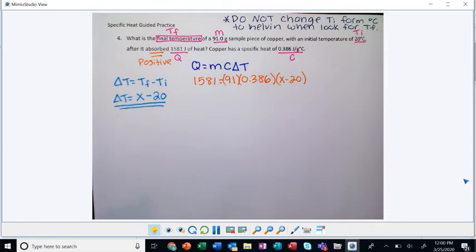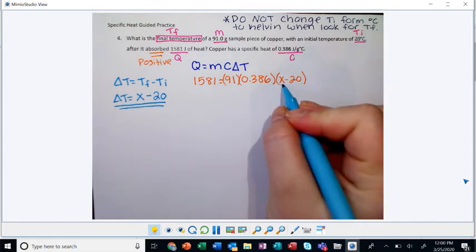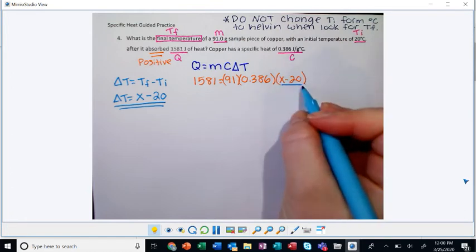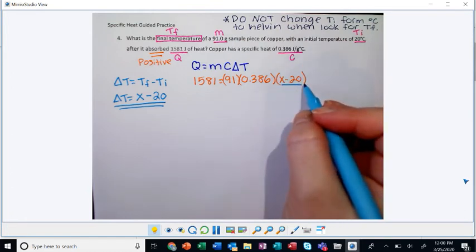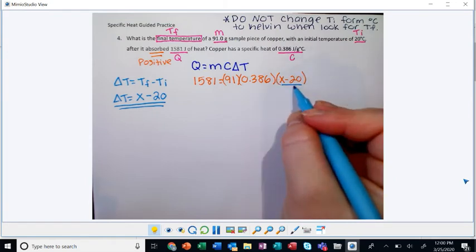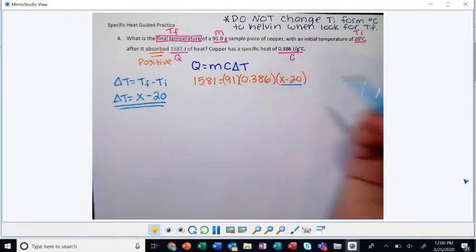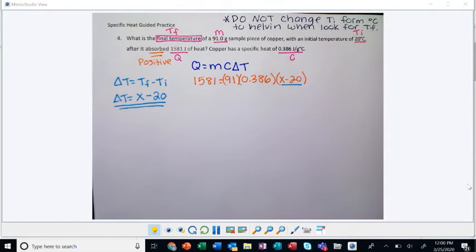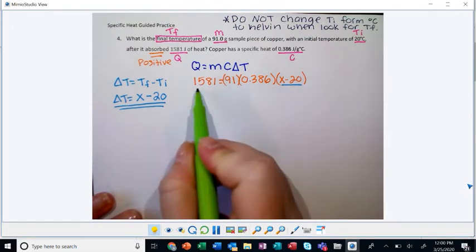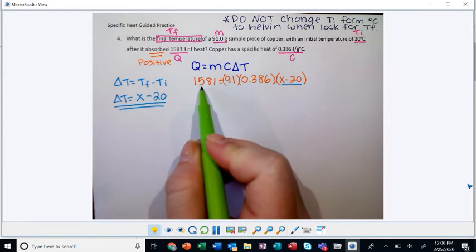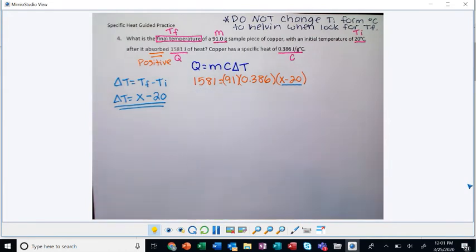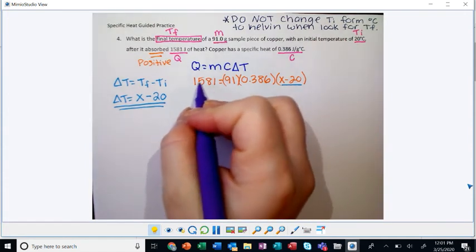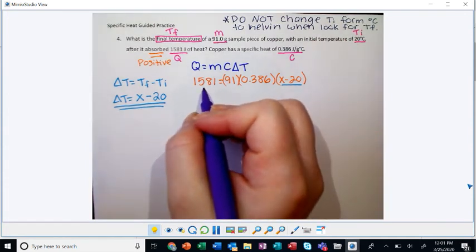So here is the goal. The goal is this X minus 20. It's in parentheses, right? So this is like its little box on its own. I want to try to get this by itself on one side of the equation. So here we're going to simplify what we can. So I have 1,581, right? I cannot plug this into the calculator and do anything else. I can, but if I push enter, I'm going to get the same number.